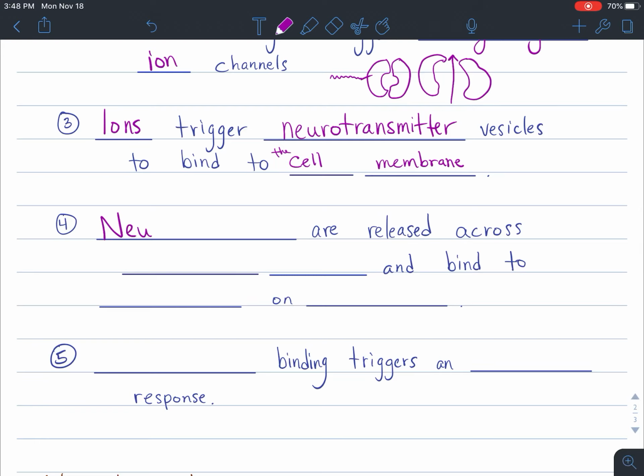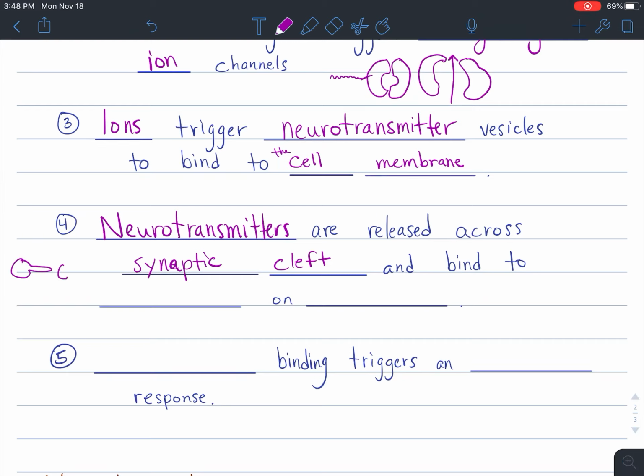So in step 4 here, our neurotransmitters are released across our synapse. And a fancy word is a synaptic cleft. Synaptic, because the synapse. Neurotransmitters are released across the synaptic cleft, which is just that gap between the neurons.